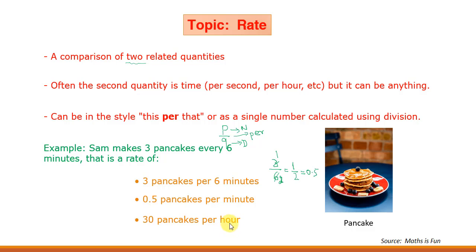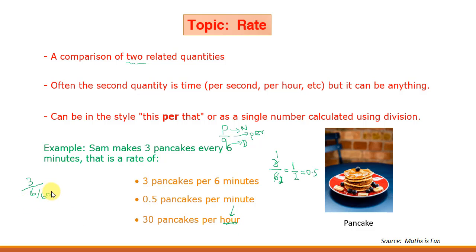So in that case we have changed the unit from minutes to hours. We know that 1 hour means 60 minutes. So when we change minutes to hours, we will divide by 60. So 3 pancakes divided by 6 minutes. These minutes will be converted to hours when we divide them by 60, because when we convert a smaller unit to a bigger unit, we divide.